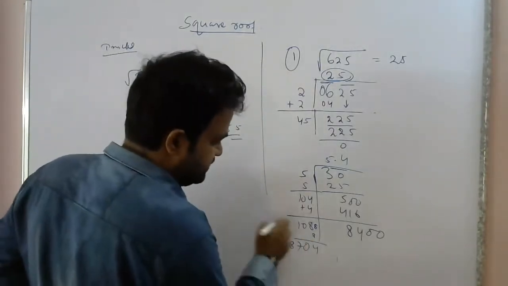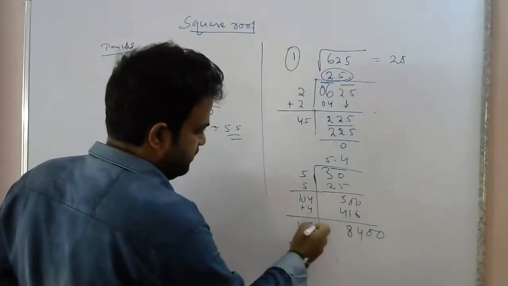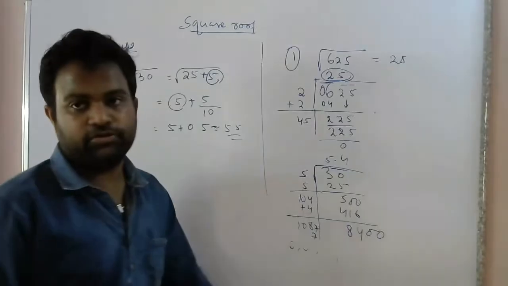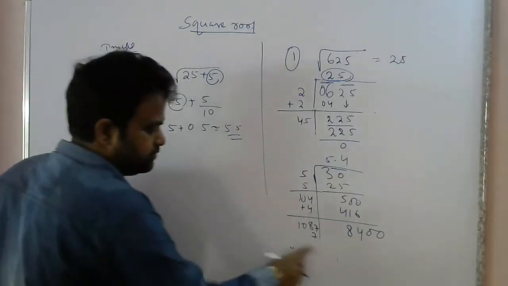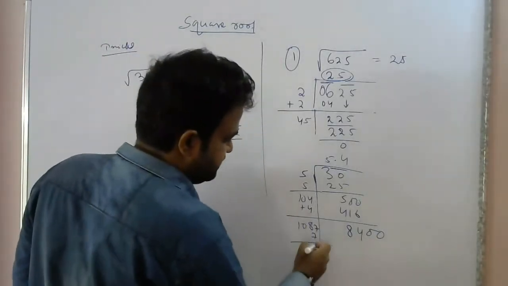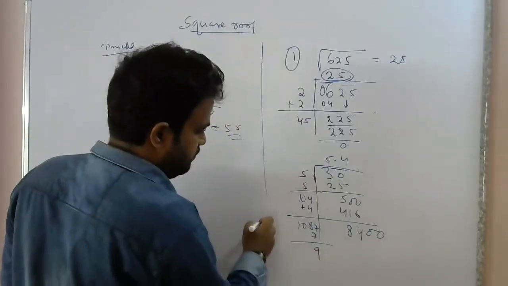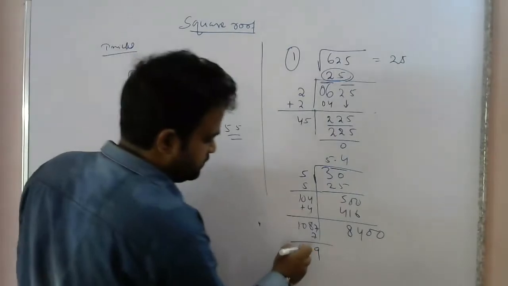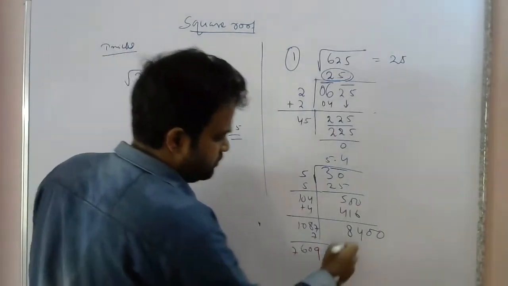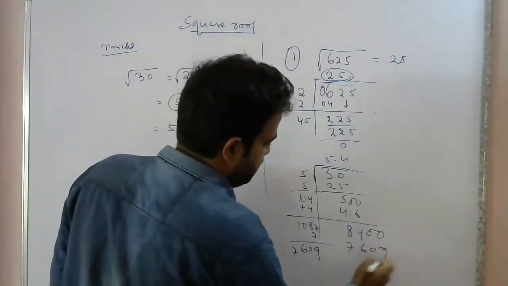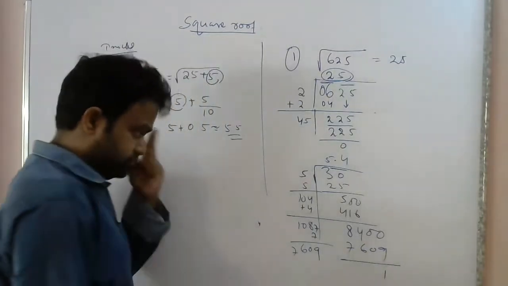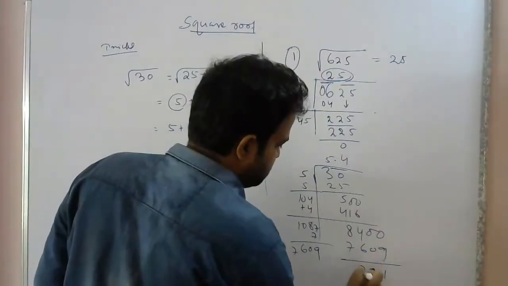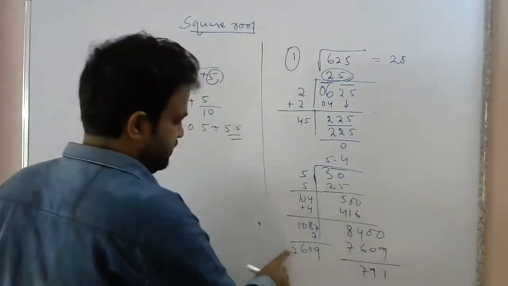Then 8 1s are 8, 87. No, so it's not possible. 7 multiplied with 7, it's greater than this one, na? 8400. So multiply with 7. 7 7s are 49, 7 8s are 56, 4 is 7609. This is 1. 9 7s, so 791.